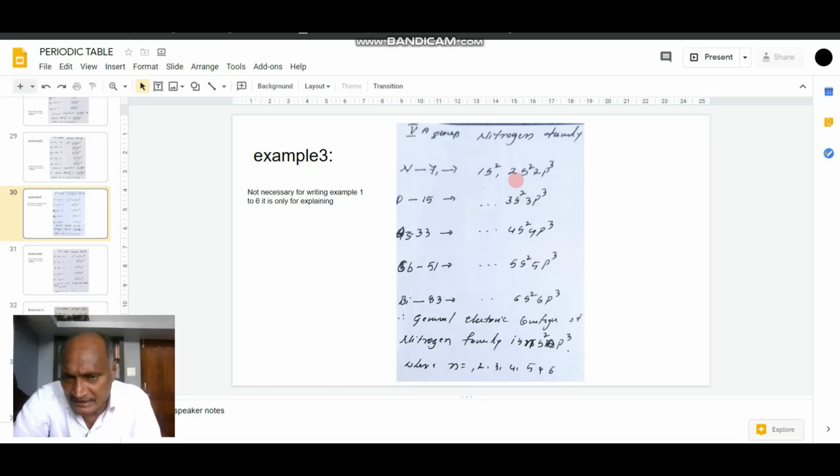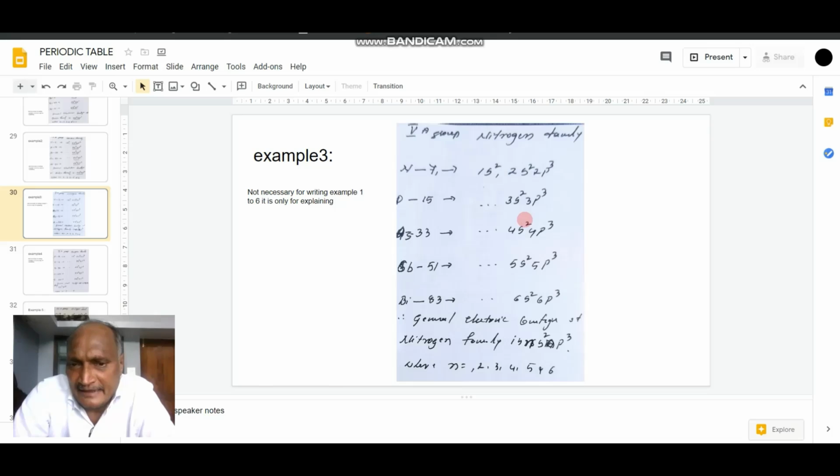In nitrogen, 2 electrons are entering in the form of 1s2, 2 electrons are entering into the 2s subshell as 2s2, and the remaining 3 electrons are entering into 2p subshell as 2p3. Hence, the element nitrogen belongs to the p block.